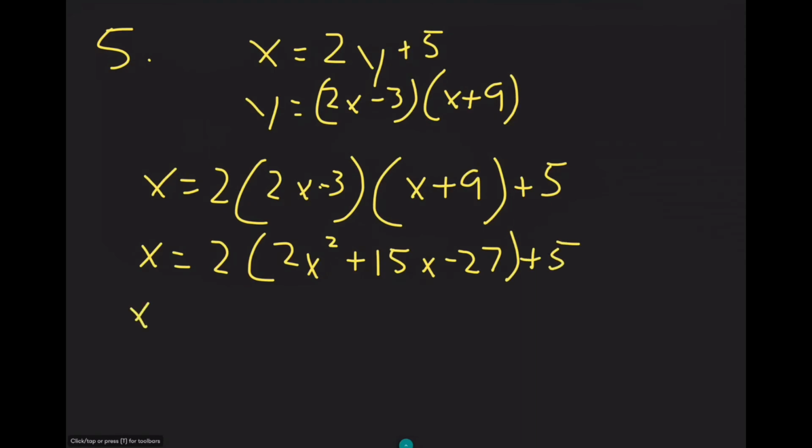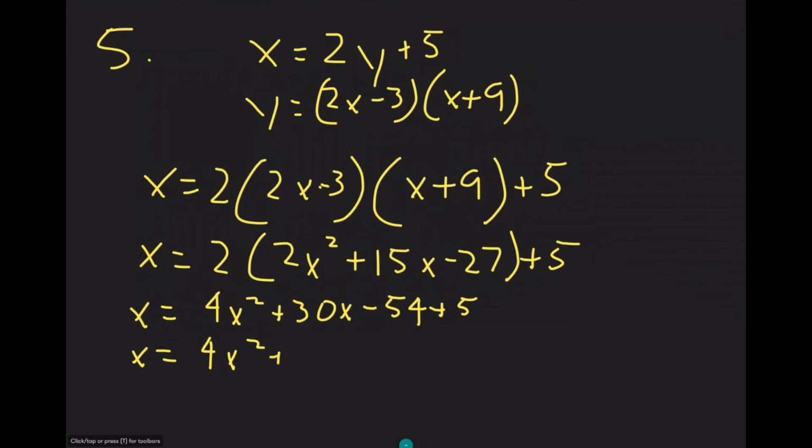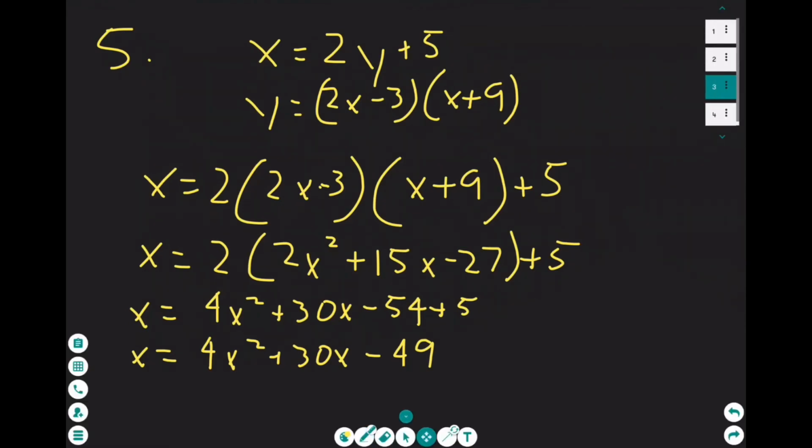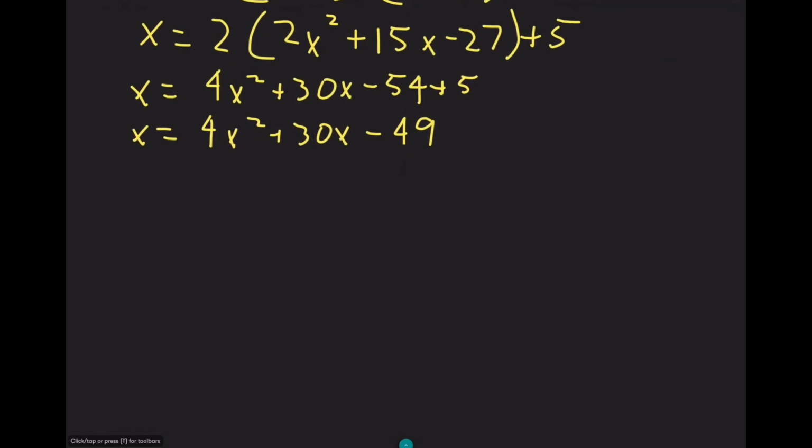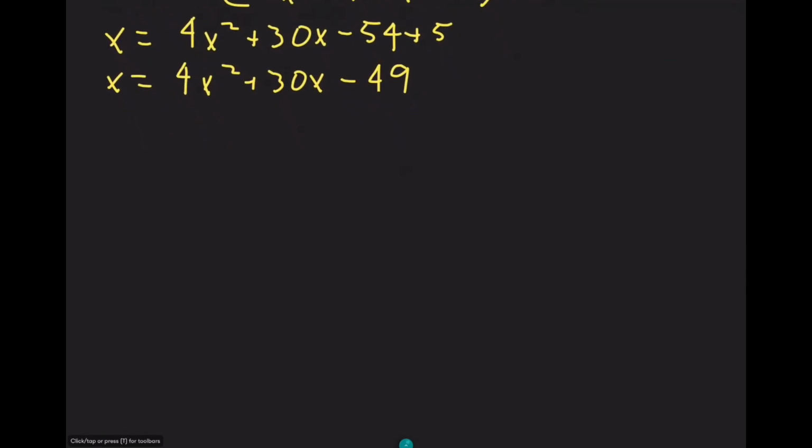Okay, so then when you distribute 2, you get 4x squared plus 30x minus 54. And then when you combine negative 54 and 5, you get negative 49. And also, since the equation has to equal 0 to put it into the standard quadratic form, you have to bring x to the other side.